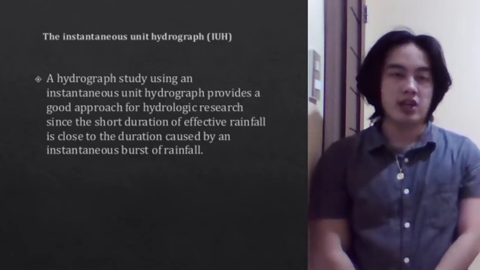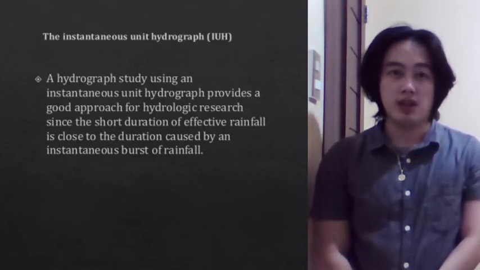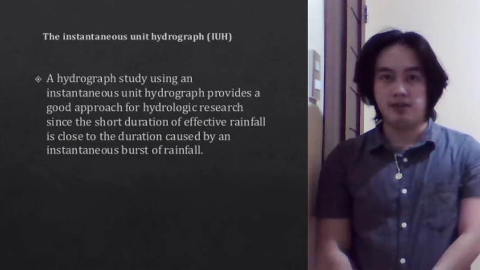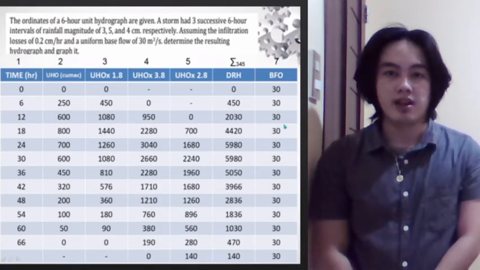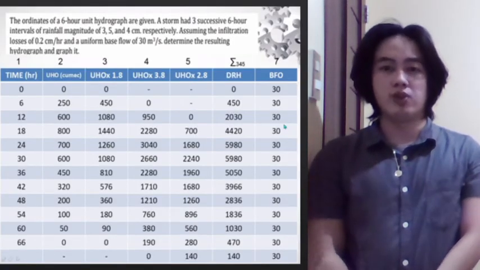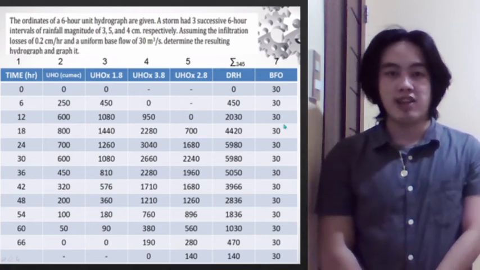Using the instantaneous unit hydrograph is also useful to analyze the magnitude and time of the peak, equal to the maximum flood. So we have an example to make a hydrograph.